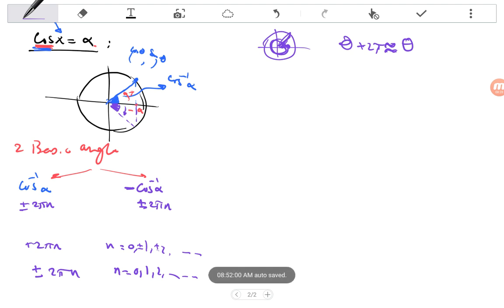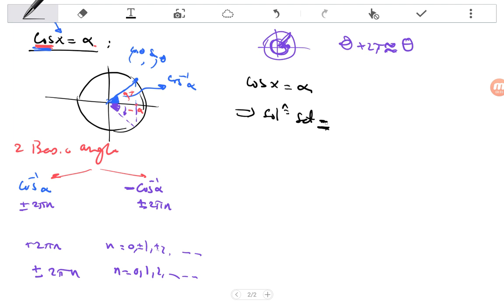Okay? So what are the solutions of this equation, cosine x equal to alpha? The solution set, what is meant by solution set? The solution set is the set of all solutions. It must contain all solutions, and it doesn't include any number that is not a solution.